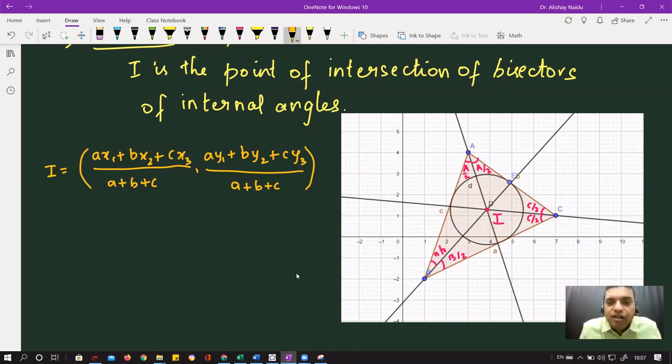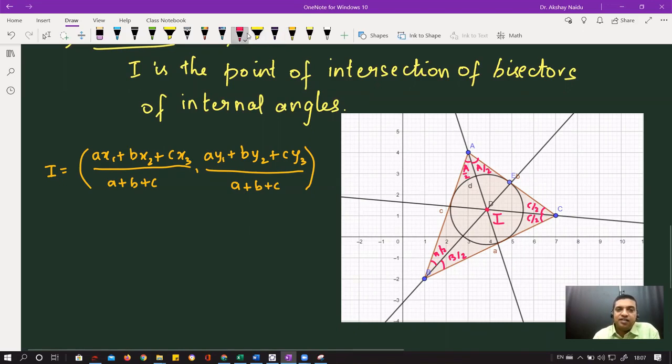How do you find the coordinates of the incenter? Again, it is a matter of using some concepts. The concept is, you can try this: the angular bisector of an internal angle divides the opposite side in the ratio of the adjacent sides.